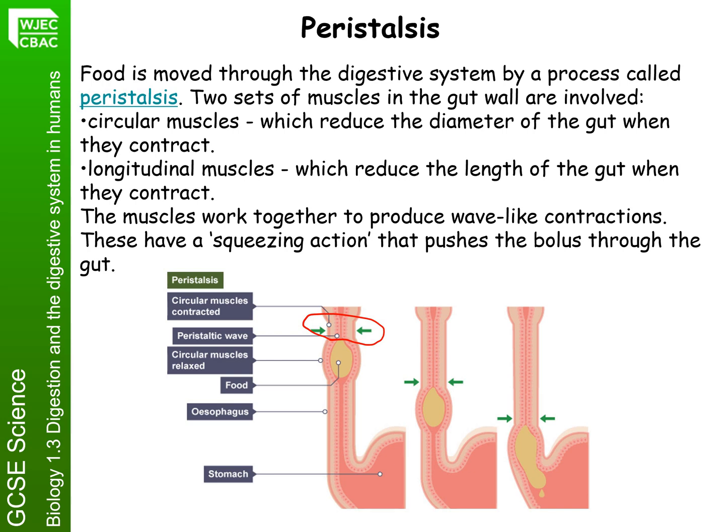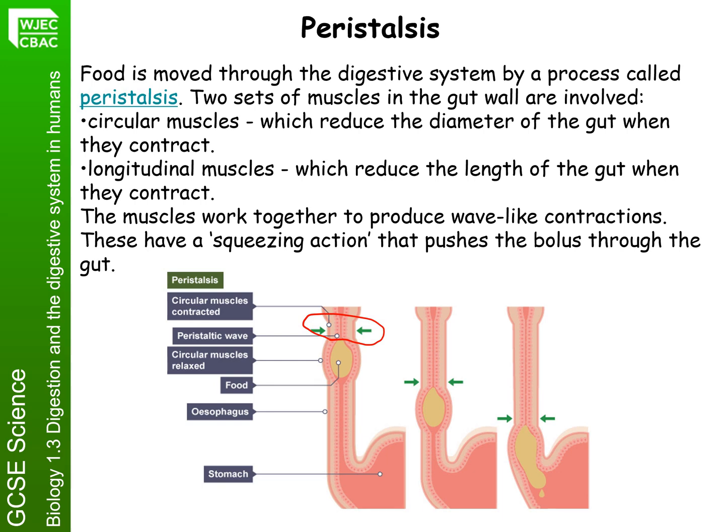So the circular ones are squeezing in and out. The longitudinal ones are squeezing sort of up and down. By those two things happening, that works together to produce contractions, a bit like a wave. So wave-like contractions, which will squeeze the bolus, which is what we refer to the piece of food as, down through the gut.